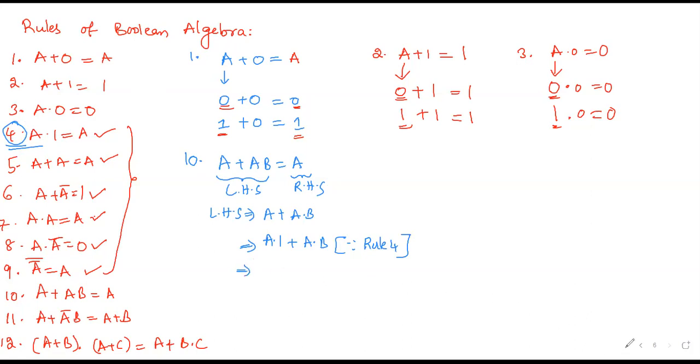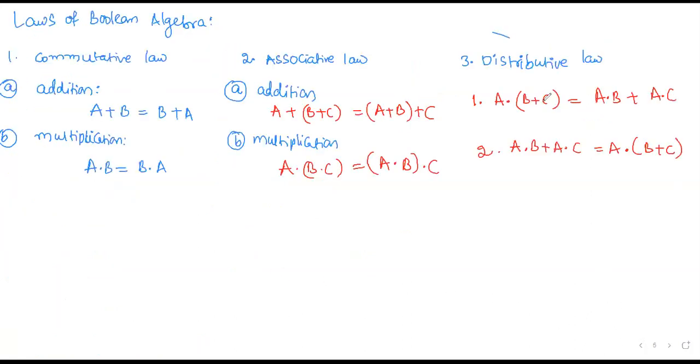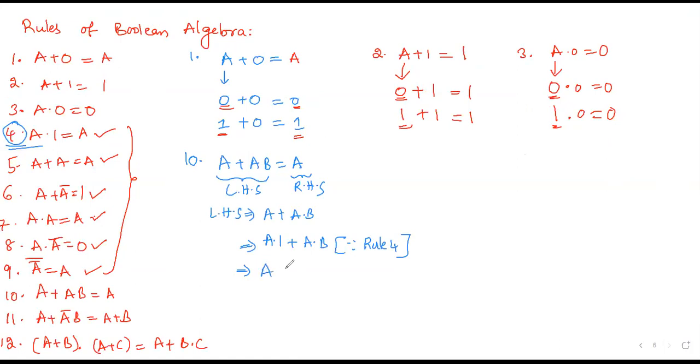Then from the distributive law, A into B plus A into C is equal to A into (B plus C). In the place of B we have 1, in the place of C we have B. So you can take A common: A into (1 plus B). What is 1 plus B? Any variable plus 1 is equal to 1. From rule number 2, 1 plus B is equal to 1.